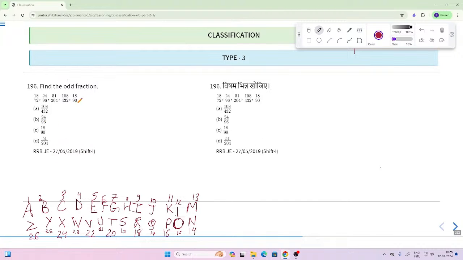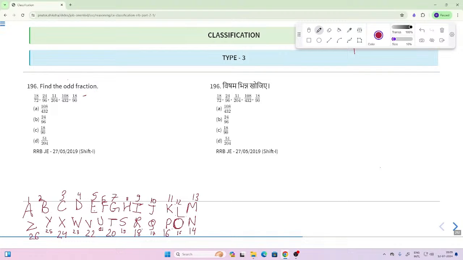Find the odd fraction: 18 by 72, 24 by 96, 51 by 108, 24, 18, and 51. 18 by 72 can actually be reduced by 18. 18 fours are 72.